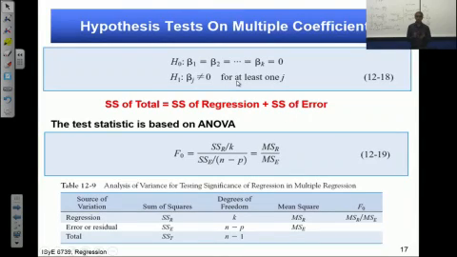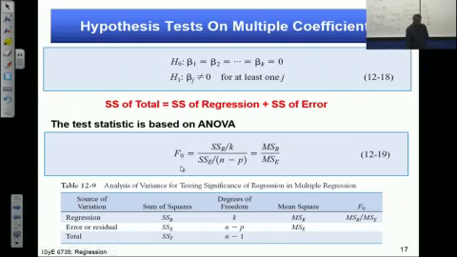You cannot use these predictors to predict y, because there is no relationship between them. If H null is not rejected, all the coefficients are 0, which means these variables that you selected are not useful for predicting y. Okay?